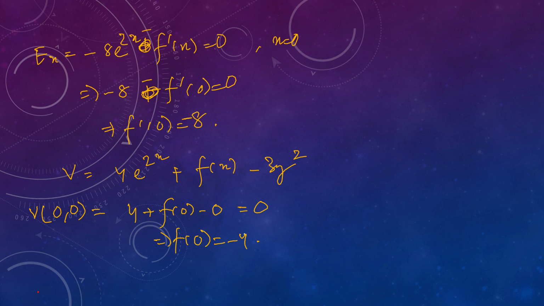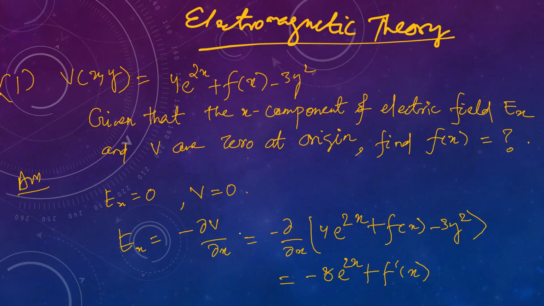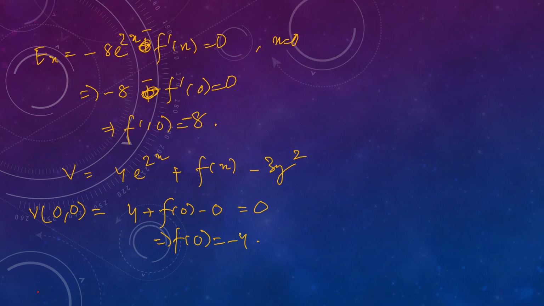And now we have to find f(x), isn't it? We know from Poisson's equation, del square V is equal to rho by epsilon naught, and here it is 0.